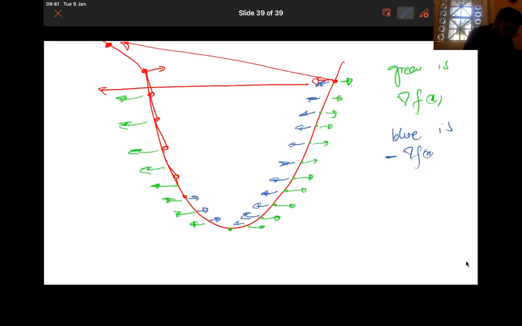You would see that they always point toward the minima. Is it clear now? The negative gradient direction always points toward the direction in which there is a local minimum.